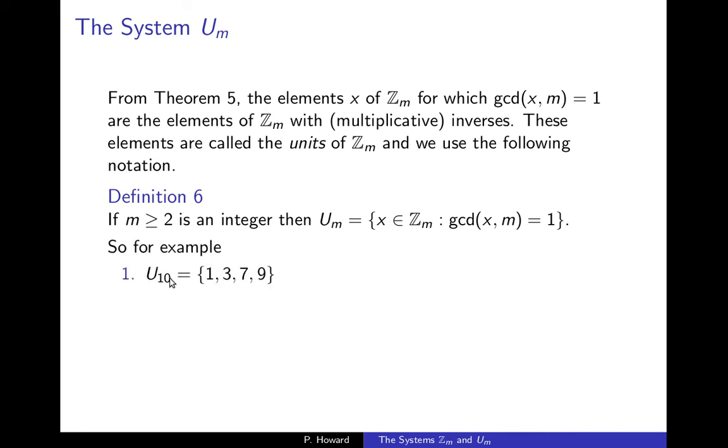And just an example or two, U sub 10 consists of the numbers 1, 3, 7, and 9. These are the numbers between 0 and 9 inclusive, whose greatest common divisor with 10 is 1. We have to leave out any integers that have either 2 or 5 as a divisor.